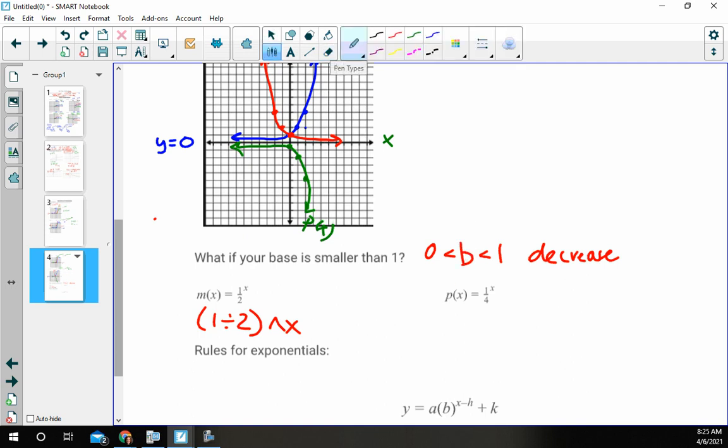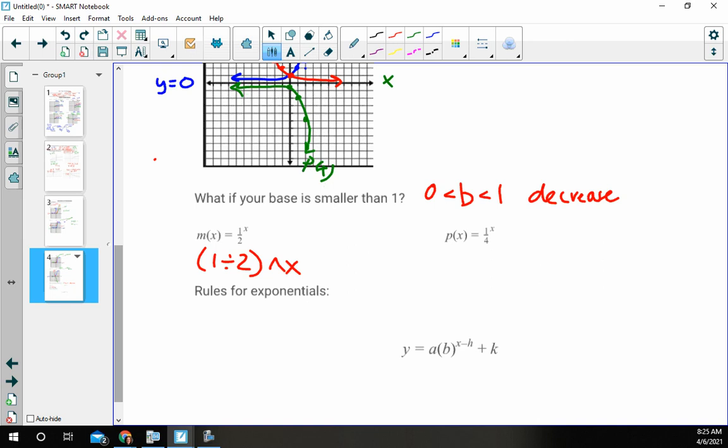So anytime that base is between 0 and 1. If you want to go ahead and test 1/4, so you can see that it is going to be smaller, use 0.25. It should be the exact same thing. Otherwise, use parentheses 1 divided by 4 parentheses to the x. It should be decreasing or go downhill as well. It's just what the bases look like when you change them to be a not so big number.